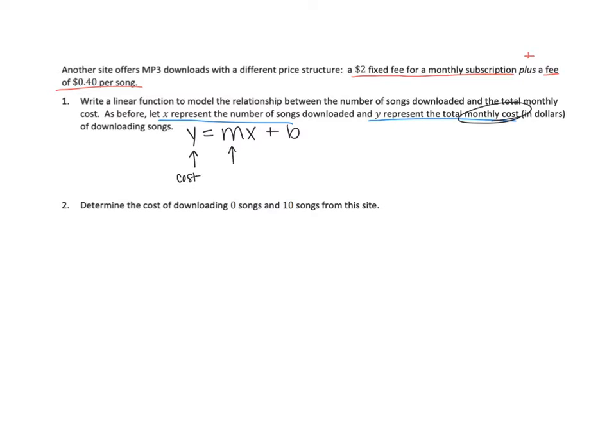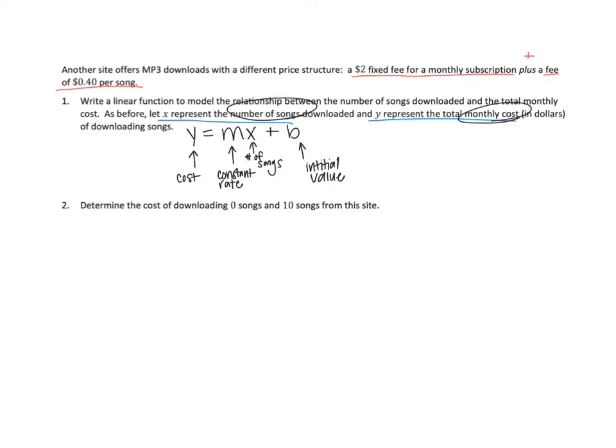M is going to be our constant rate. X is going to be our number of songs. And B is going to be our initial value.